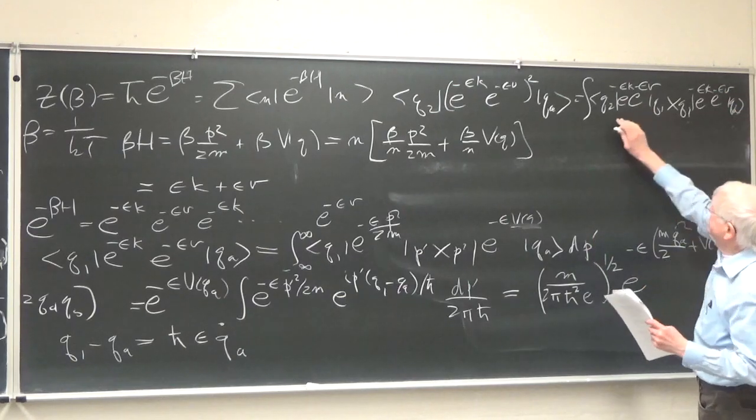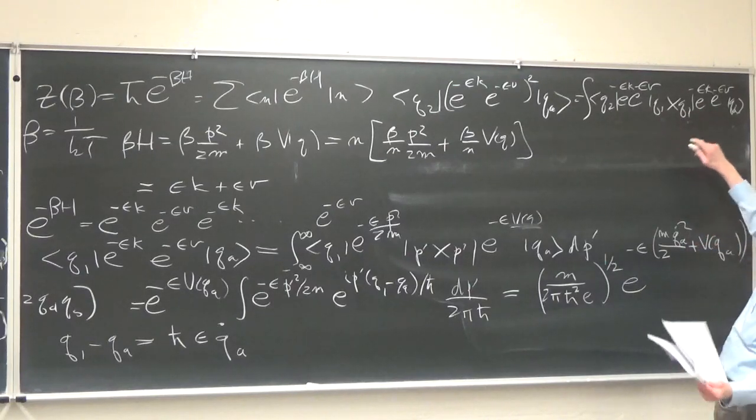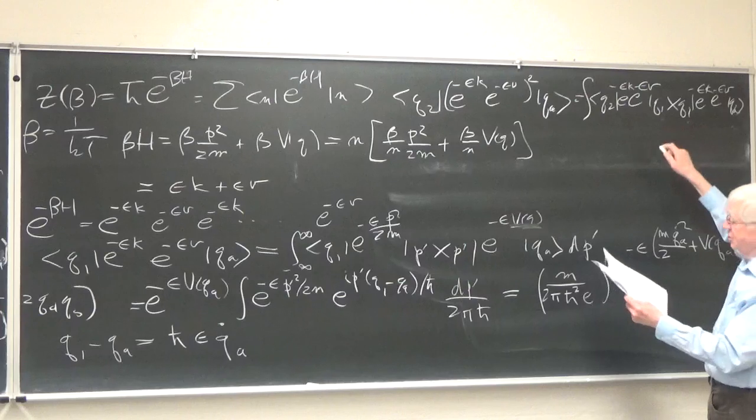This we just computed. This is the analogous integral, just with q1 replaced by q2 and qa replaced by q1.